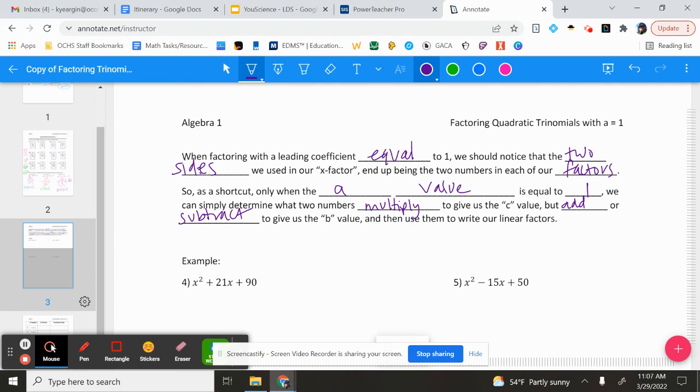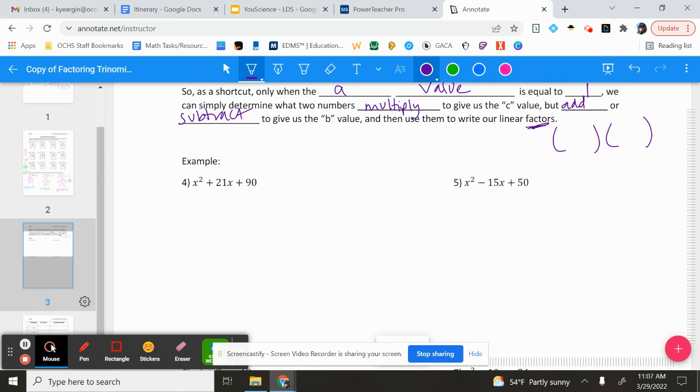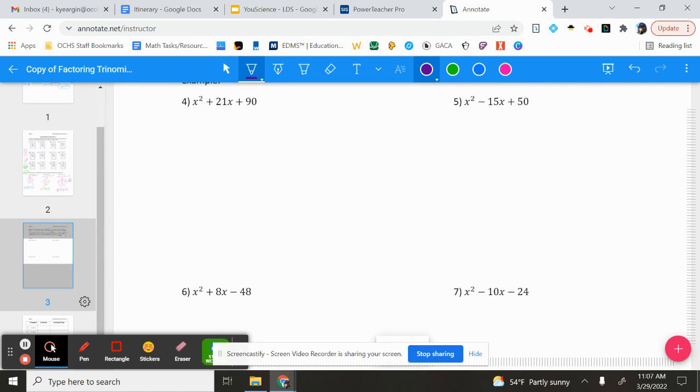Then we write them as our two linear factors. Main thing that we need to remember here is that factors are going to be written as two polynomials that can be multiplied together. So take a moment to practice 4, 5, 6, and 7.